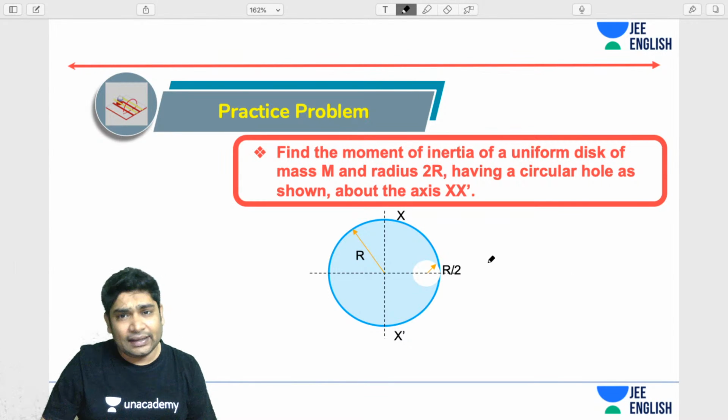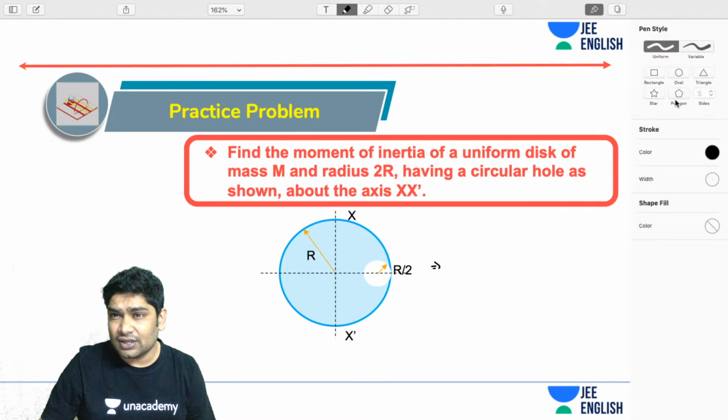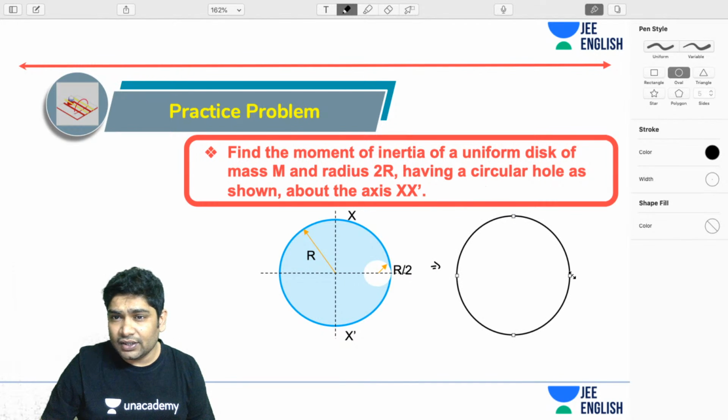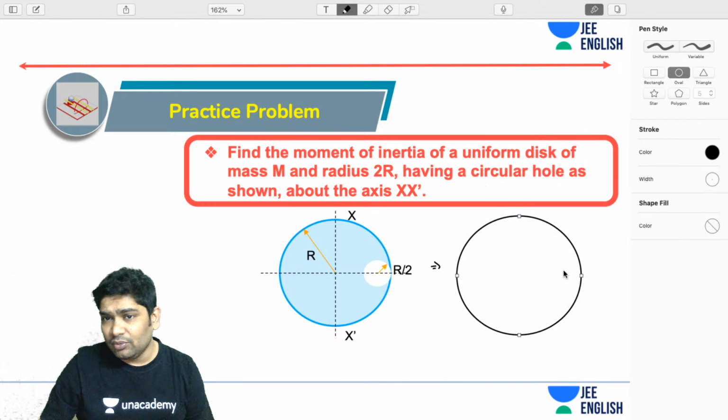So I can either say that this is a full disk. Let's draw ourselves a full disk, and out of this you are removing a small disk.